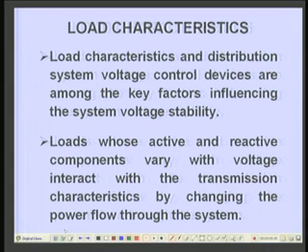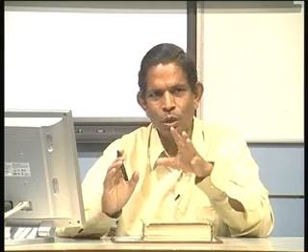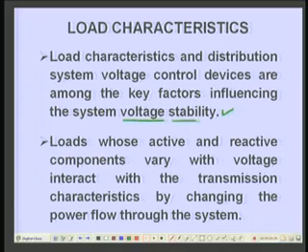Load characteristics and distribution system voltage control devices are among the key factors influencing the voltage stability. That is, when I talk about the load characteristic, another important aspect which you have to understand is the voltage regulating devices in the distribution system. In any distribution system, we have some voltage regulating devices, and these along with the loads have a significant effect on voltage stability.